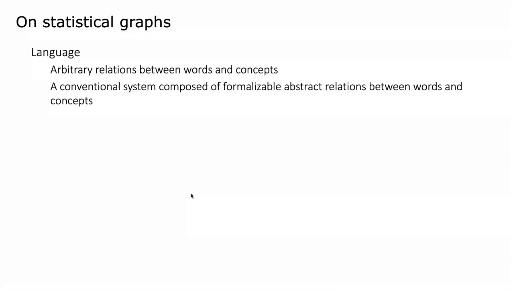So from this perspective, it is a conventional system. These relations are abstract relations. If you don't know the meaning of pencil, then you don't know that this word addresses an object in the world. This is what we mean by being a conventional system. Okay, so this is language.